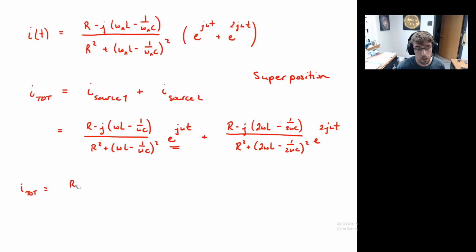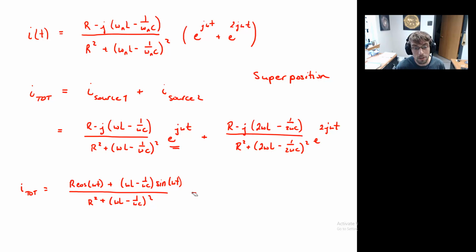So you'd have something like r cosine of omega t plus omega L minus 1 over omega C sine of omega t, over r squared plus omega L minus 1 over omega C squared. And similarly for the second piece, with the substitution that instead of omega, you'll write in 2 omega. Pretty cool, huh?